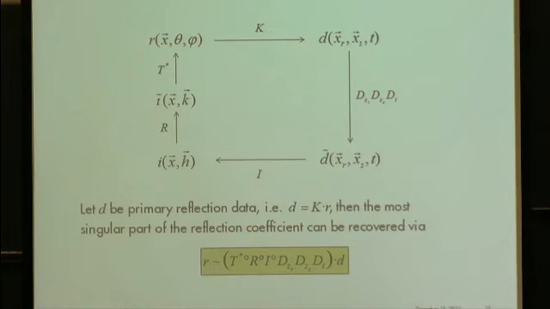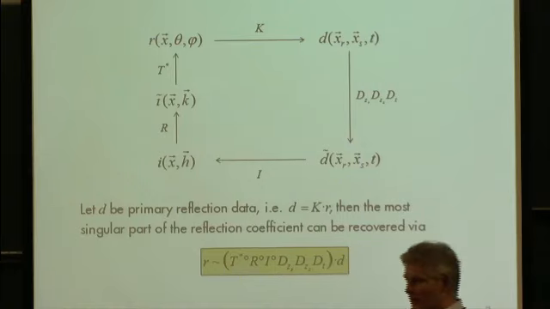So if you give me data that is the result of acting with K on R, primary data therefore, in a known velocity model because K depends on the velocity, then by walking through this diagram I can reconstruct them, the reflectivity that is.